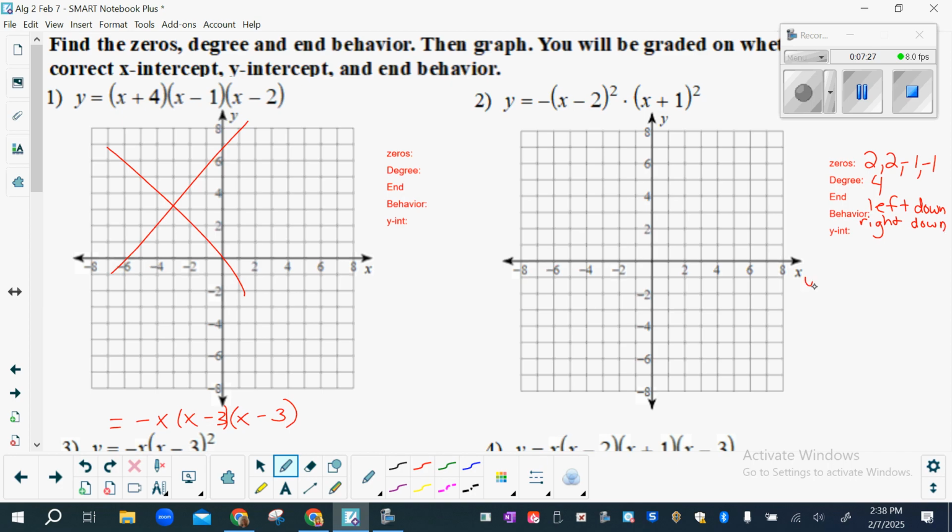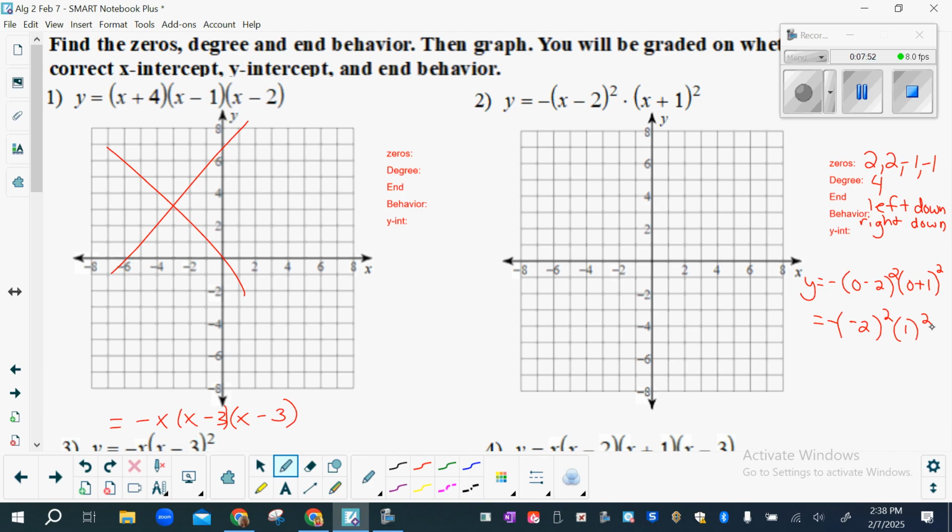And so now to find our y-intercept, this group here. Okay. When we find our y-intercept, think about it.